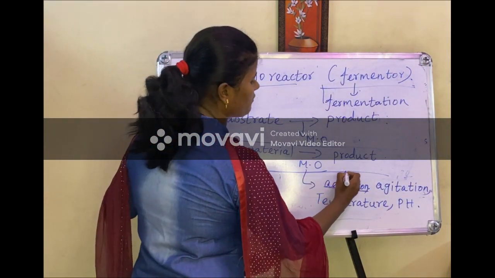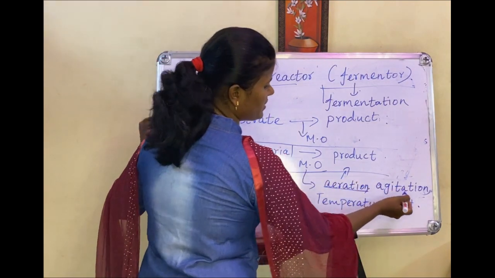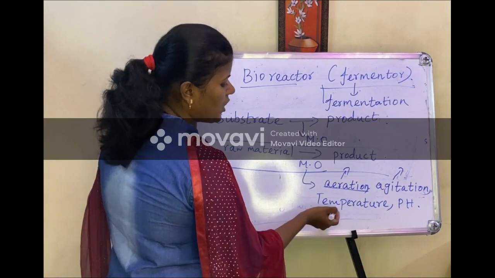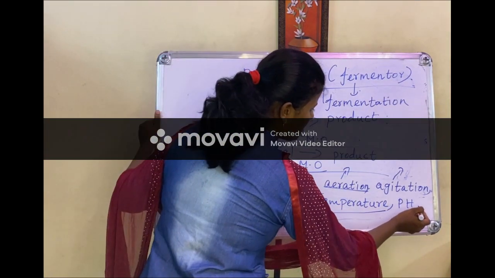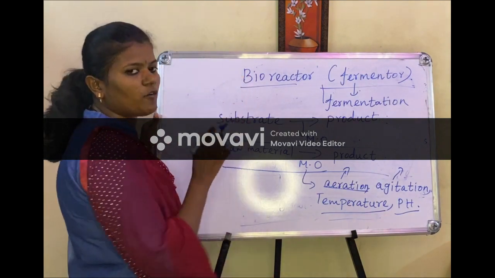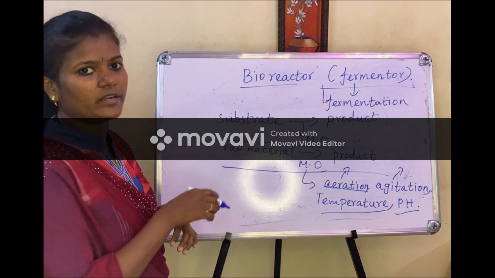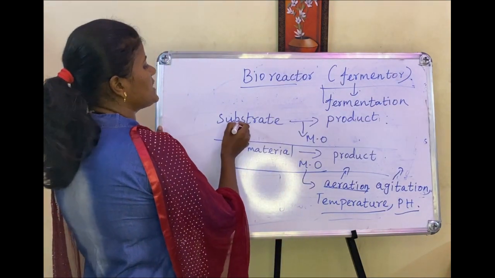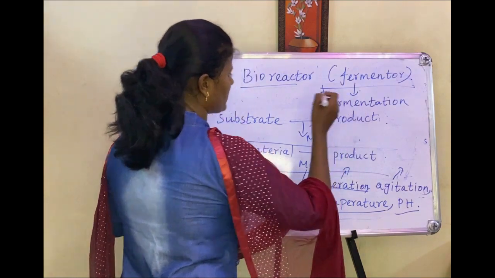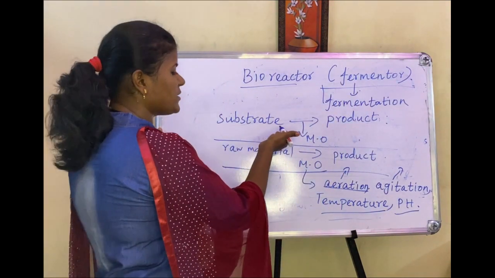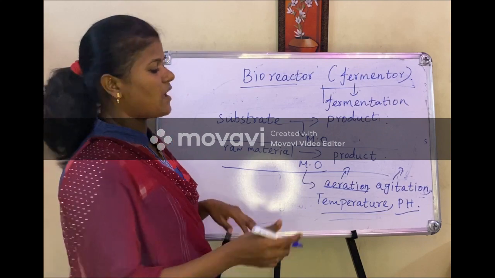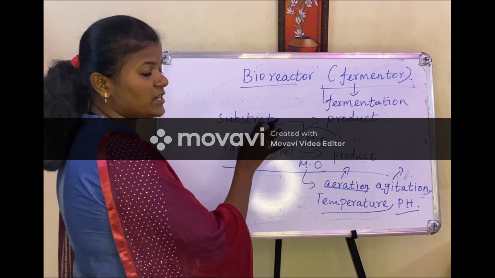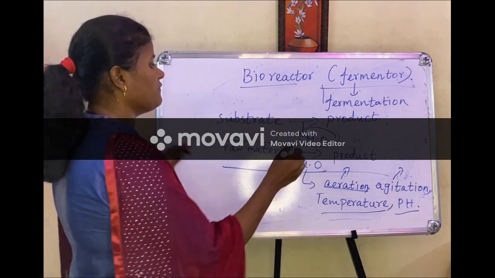Aeration is the need of air, agitation is the mixing process, and it should provide optimum temperature and pH for the growth of microorganisms, because microorganisms alone convert the substrate into product. This fermentation process does not occur without microorganisms.